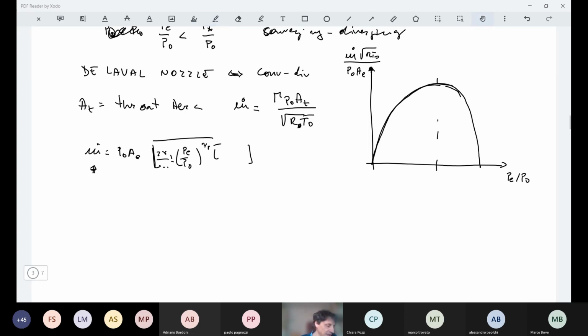And of course, here the pressure is closer to the total one. So here we have Mach number less than 1, and here we have Mach number greater than 1.